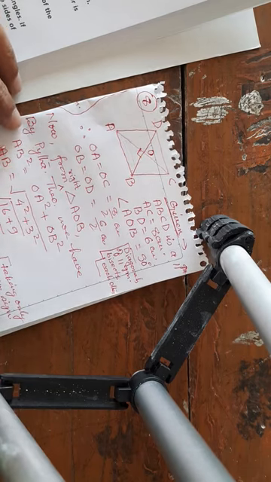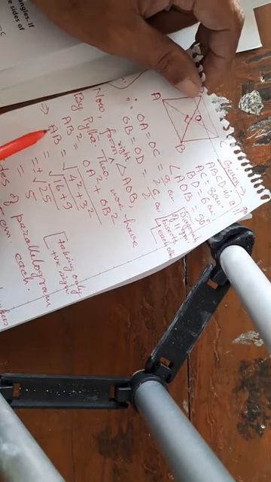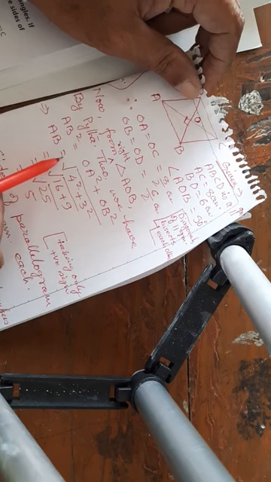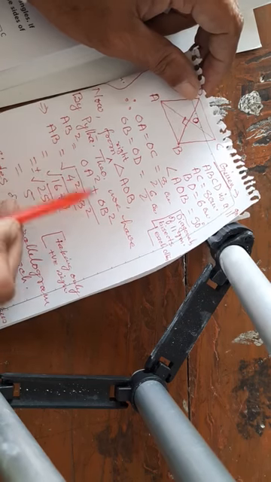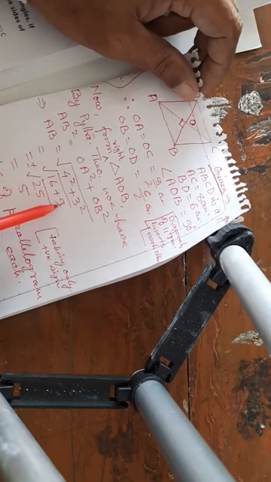Putting value, AB square is equal to OA 4, so 4 square, plus OB 3, 3 square. 4 square 16, plus 3 square 9. Then AB is equal to the square root of 16 plus 9, 25.